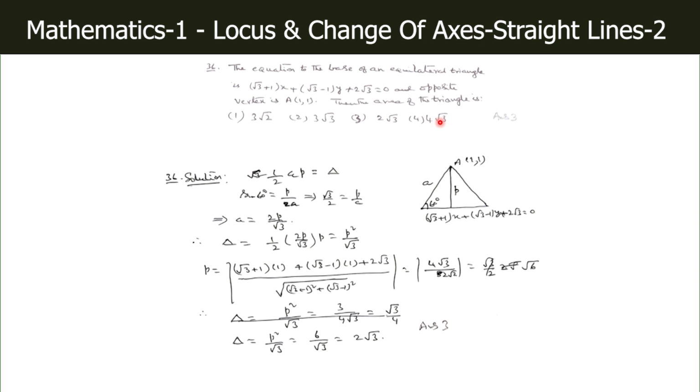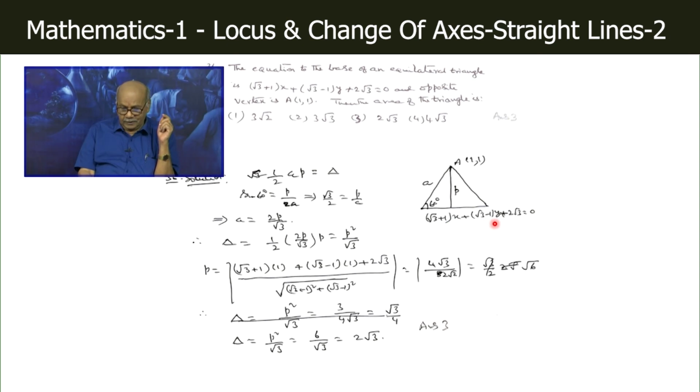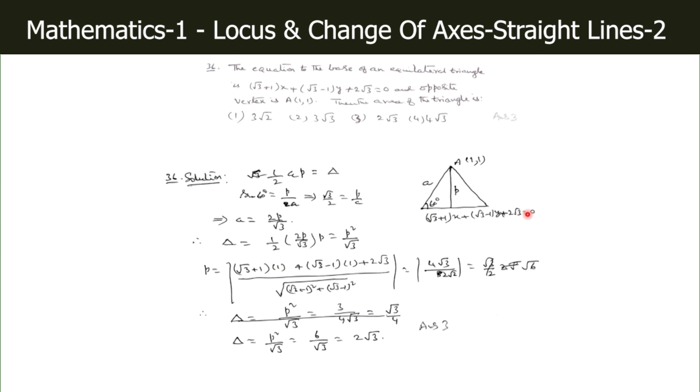there is one thing, we know that the area of an equilateral triangle whose side length is a is root 3 by 4 a square. But here we don't know the length of the side, but we know the length of the altitude drawn from the vertex to the opposite side, namely (root 3 + 1)x + (root 3 - 1)y + 2 root 3 = 0.